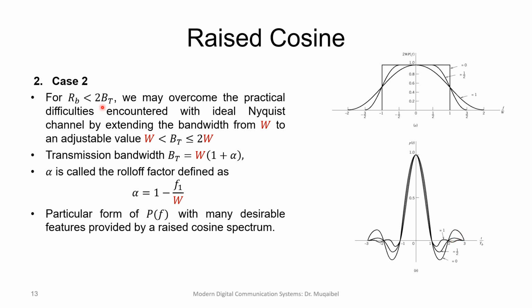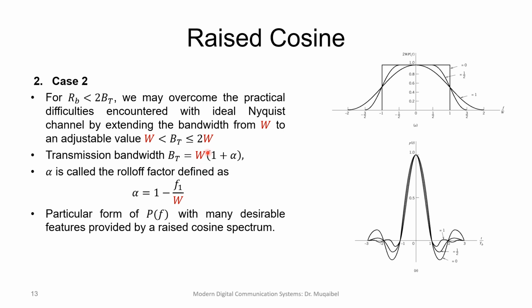So we can summarize that case 2, if the bit rate is going to be less than twice the transmission bandwidth, we may overcome the practical difficulties encountered with ideal Nyquist channels. By extending the bandwidth, we're going from W to 2W, and we can define the transmission bandwidth to be W times (1 plus alpha).